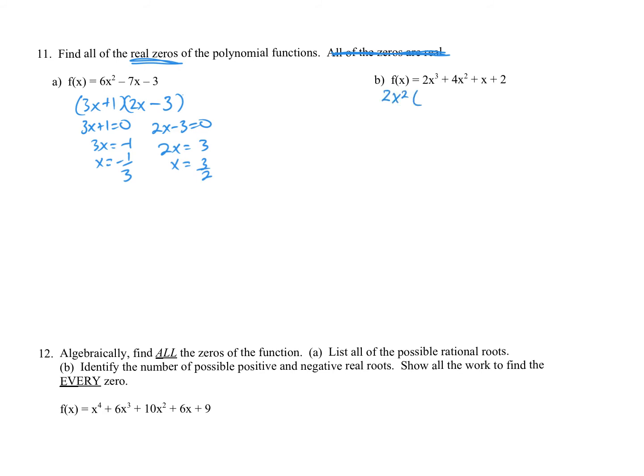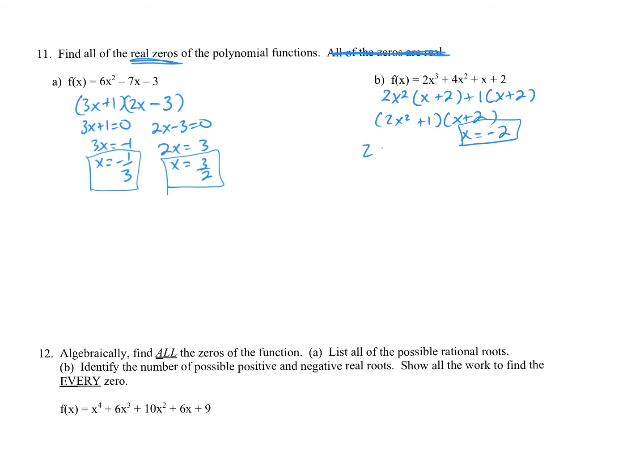This gives me an x plus 2, and then there's a 1 if it just repeats, because if I distribute a 1, it'd be x plus 2. So then it'd be 2x squared plus 1 times x plus 2. This gives me x equals negative 2 as one of them, for sure. And then the other one, let me box these over here.